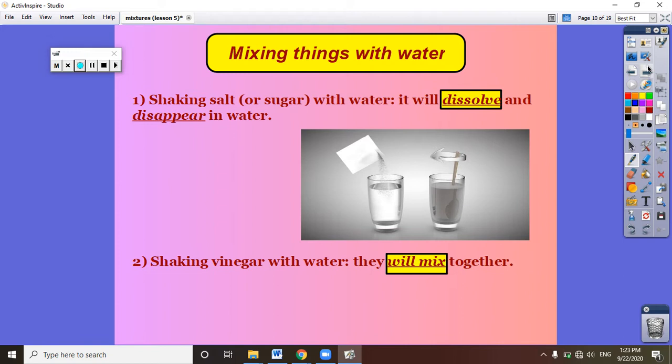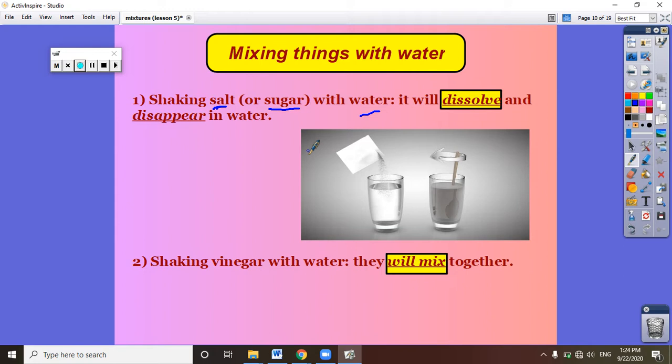Mixing things with water. We will mix something with water and see what will happen. If we mix salt or sugar with water, what will happen? We use what to make a salt and water mixture, which is solid-liquid? Yes, we can use shaking or stirring.